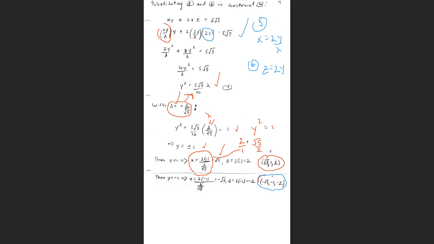And this works. Now remember, lambda was equal to 2 over root 5, but also you had a possibility that lambda could equal negative 2 over root 5. Well, if lambda equaled negative 2 over root 5, what would happen there? If you try that, you'll get y squared. So remember what y squared was.